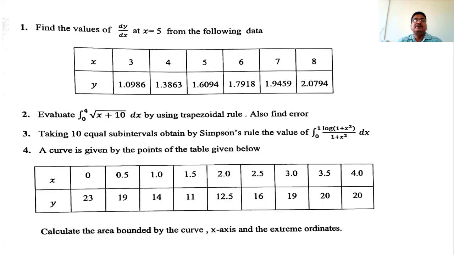And these are the problems. Some problems are also on the same trapezoidal rule, Simpson's 1/3 rule. This problem is again on differentiation, so after completion of that topic, solve these problems.